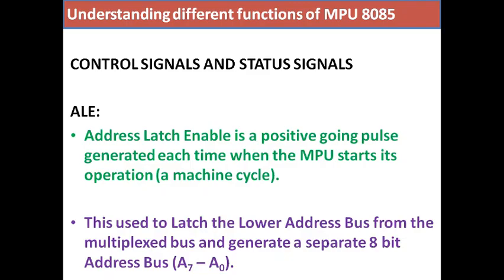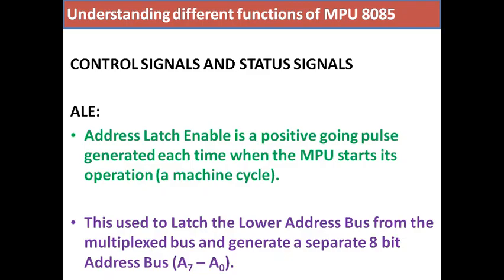Okay, now if the microprocessor is presently in fetch mode, then it is fetching the operational codes from the memory. So basically 8085 takes 4 T states, and during the first T state of that particular machine cycle, the upper address bus and the lower address bus will both be used as address bus, which will generate a 16-bit address.